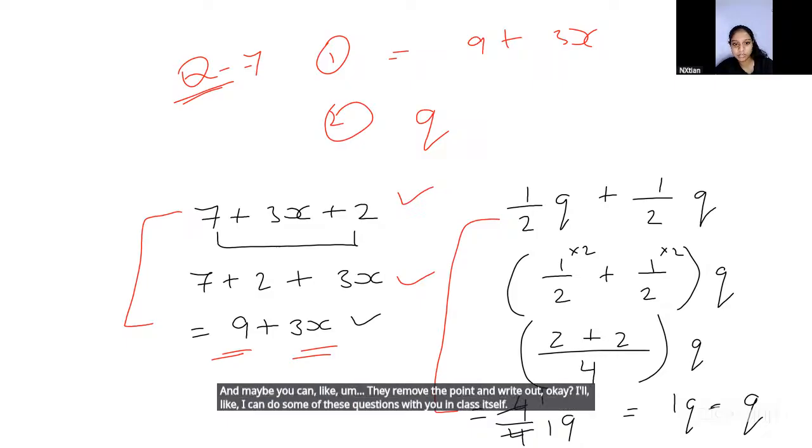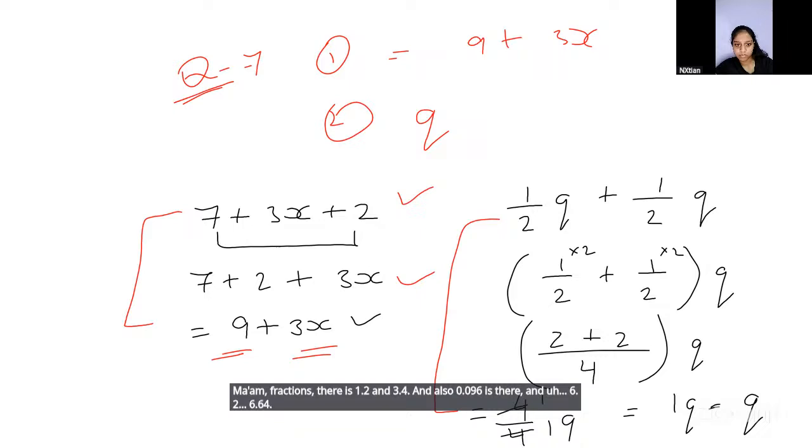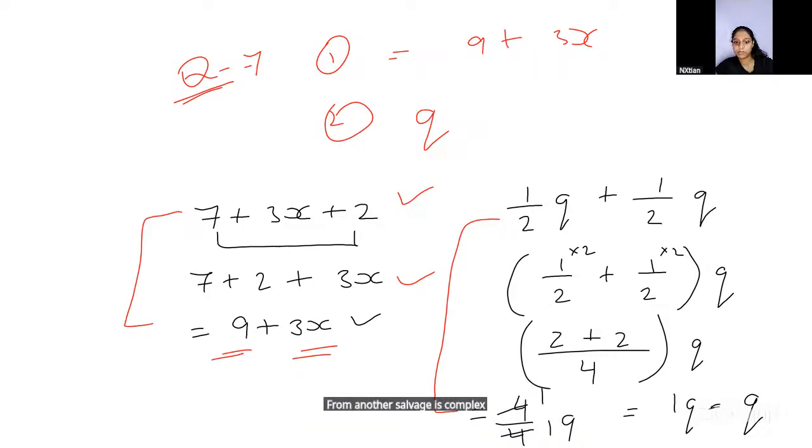Ma'am, in fractions there is 1.2 and 3.4, and also 0.096 is there, and 6.2, 6.64. When it starts to get complex, how are you supposed to divide it and find the answer, or multiply and find the answer?